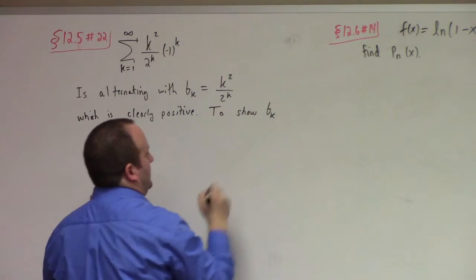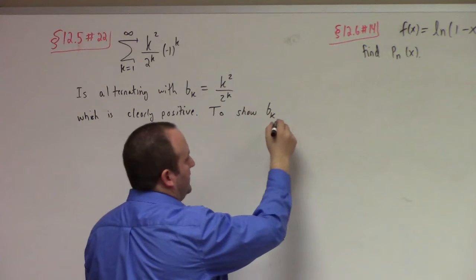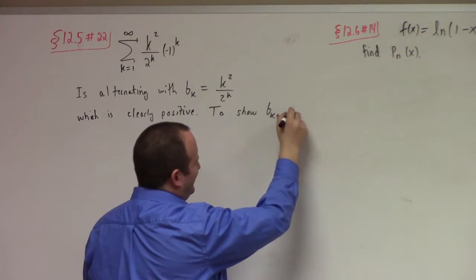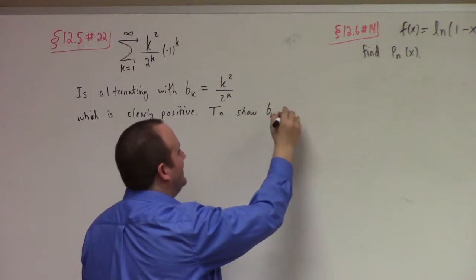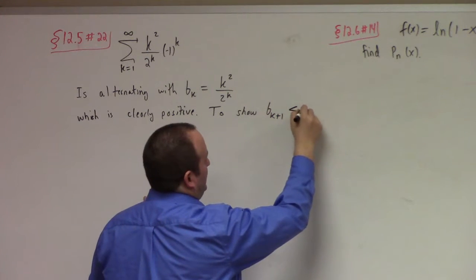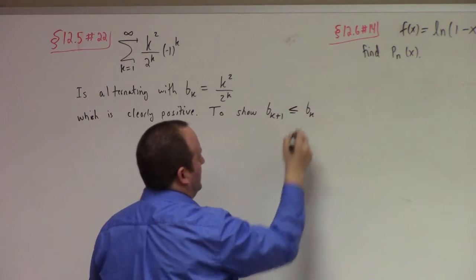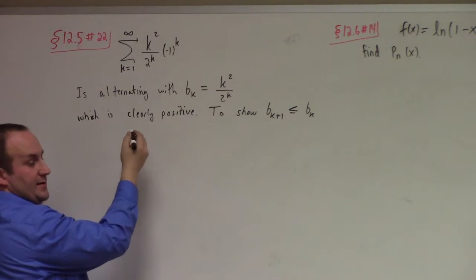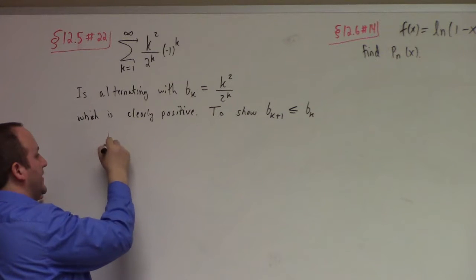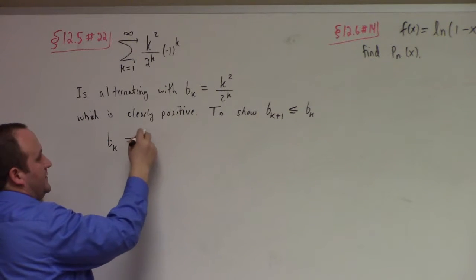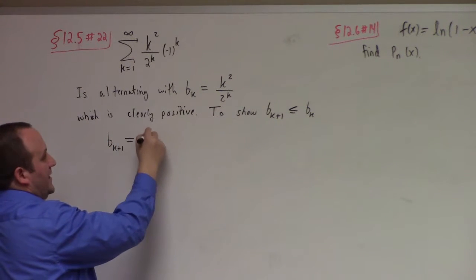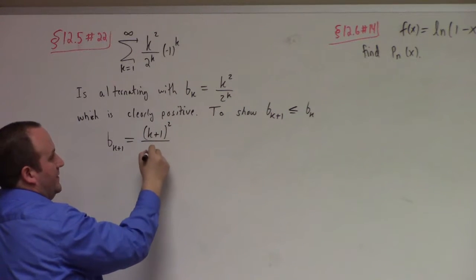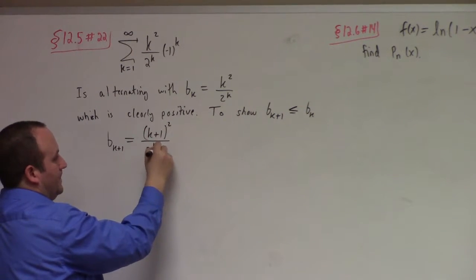We need to show that b sub k+1 is less than or equal to b sub k. Let's see if we can do that by direct argument. Maybe we can. I don't know, we'll try. b sub k+1 is equal to (k+1) quantity squared divided by 2^(k+1).